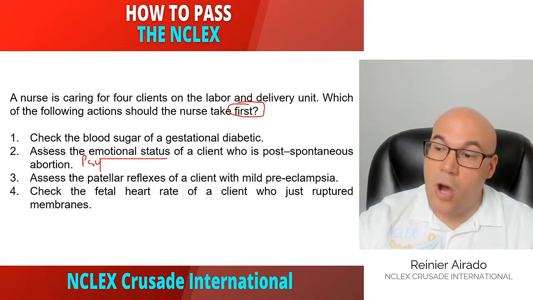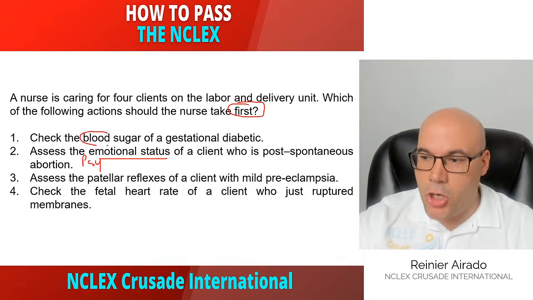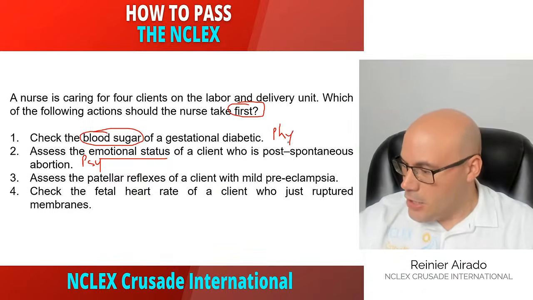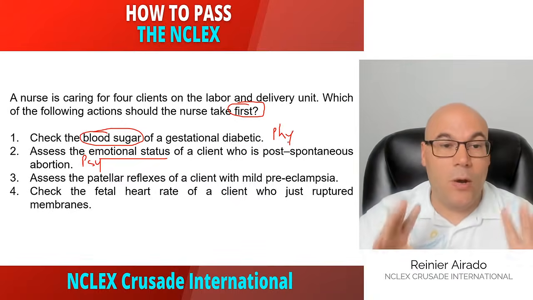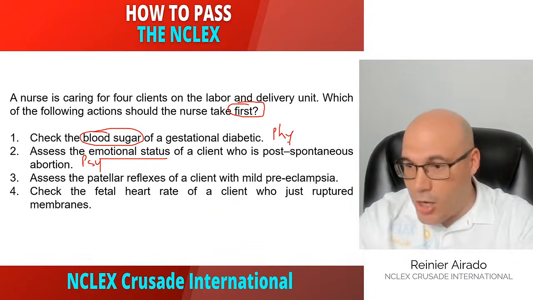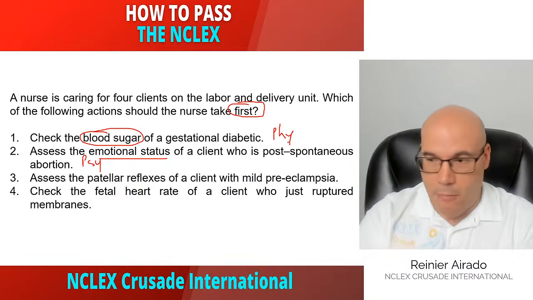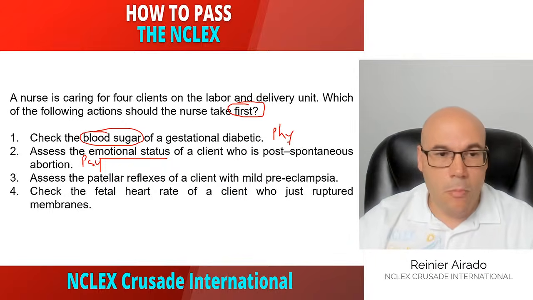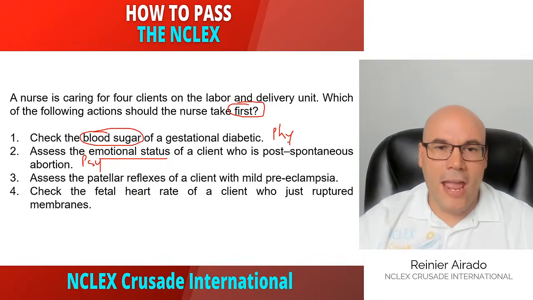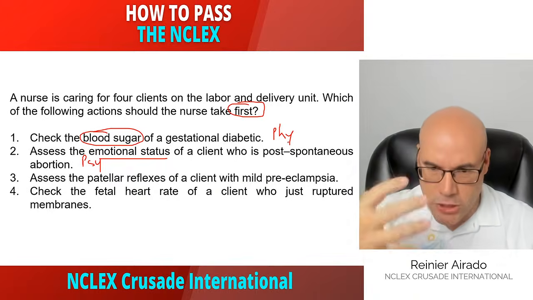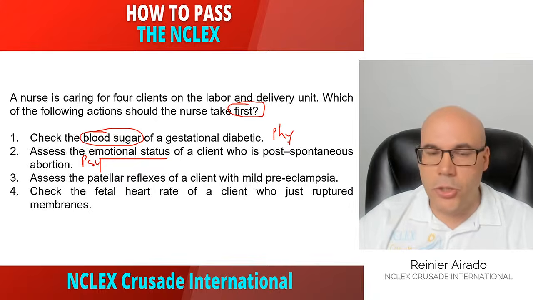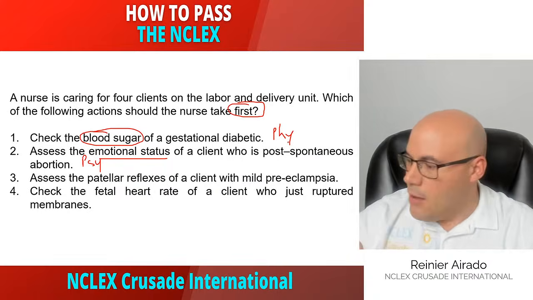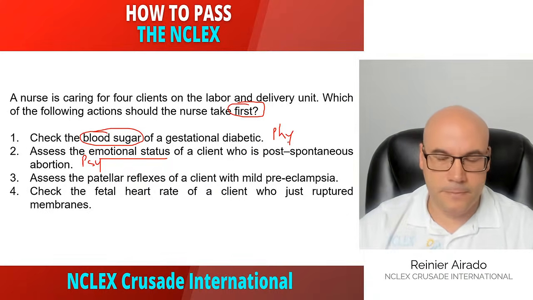Whereas in answer number 1, I am checking the blood glucose level, which is a physiological need. So if I am deciding between 1 and 2 only, I have not looked at answer number 3 or 4. I'm only looking at answer number 1 and 2 at this moment. In answer number 1, I am checking for a physiological problem, a physiological need, while in answer number 2, I am doing an assessment of a psychosocial need because it deals with emotions.